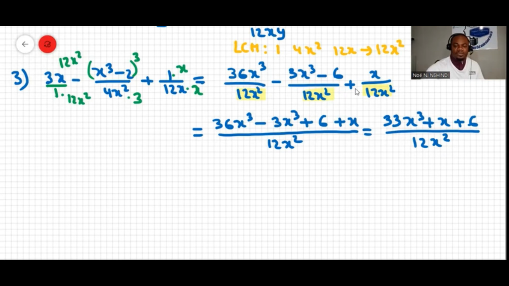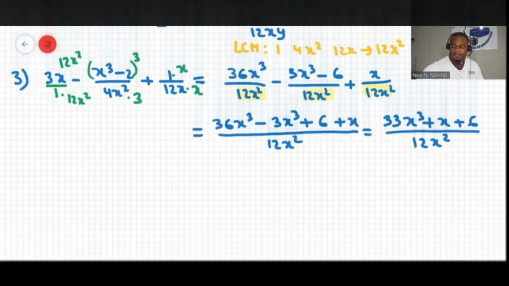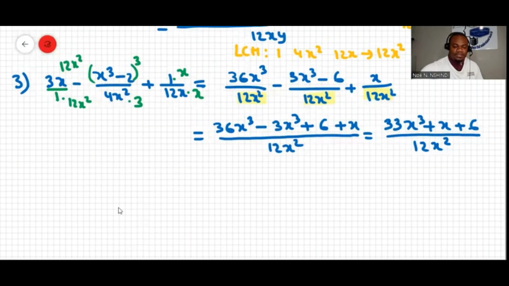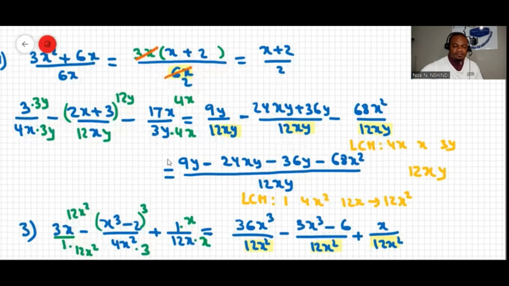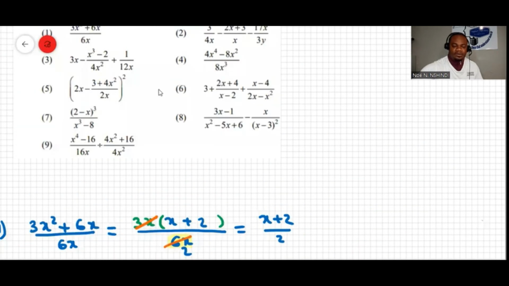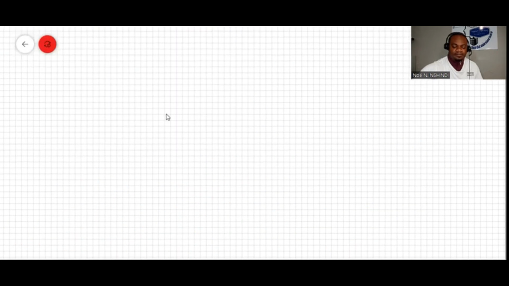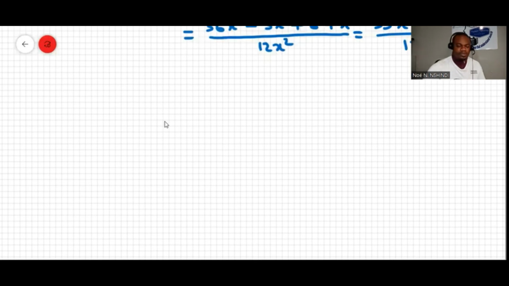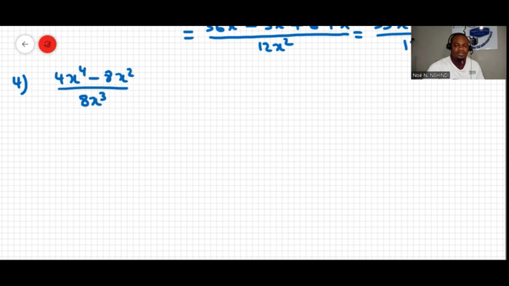Now we can do question 4. Question 4 is that one. We have 4x to the power of 4 minus 8x squared all over 8x cubed.